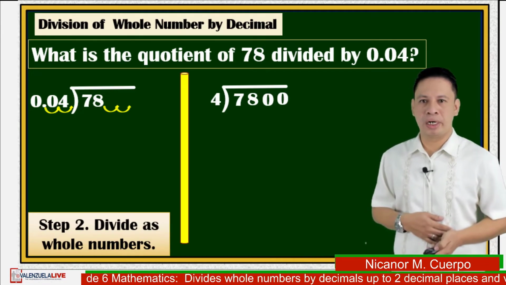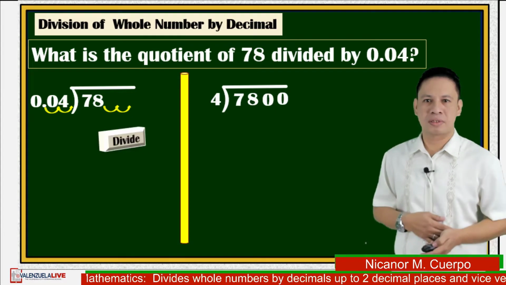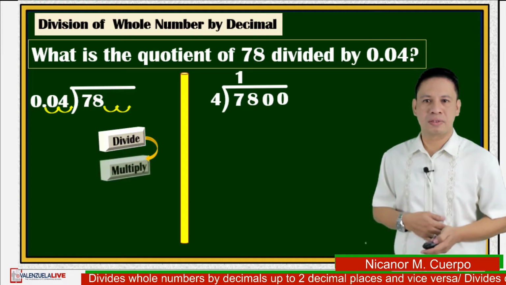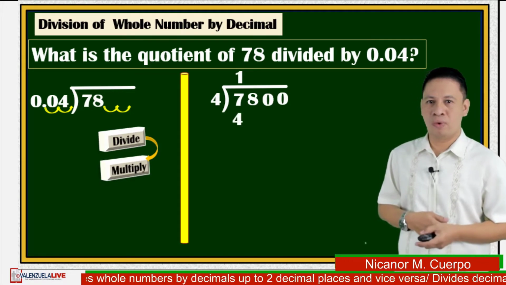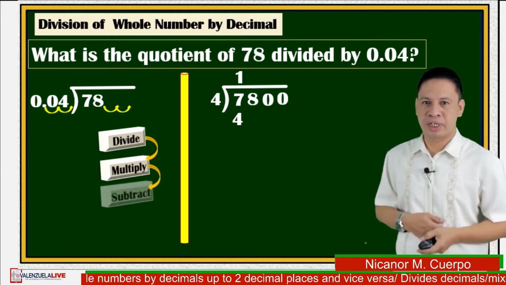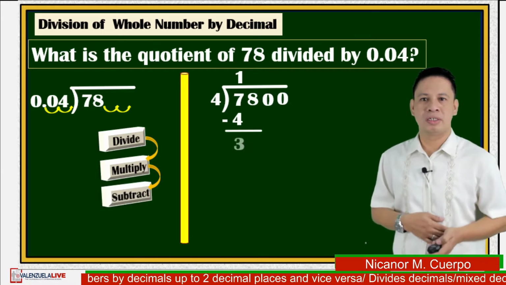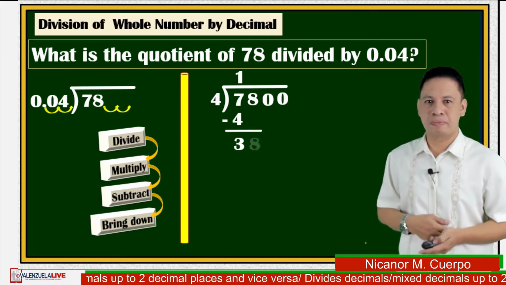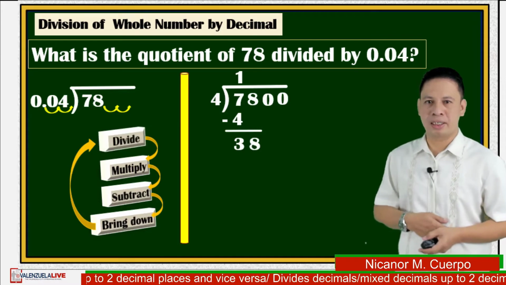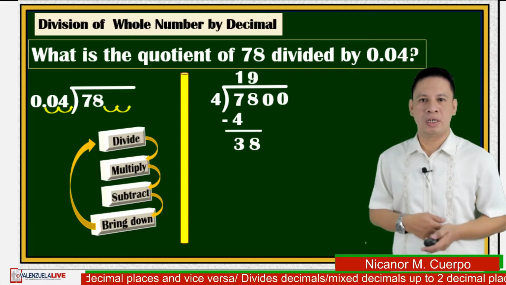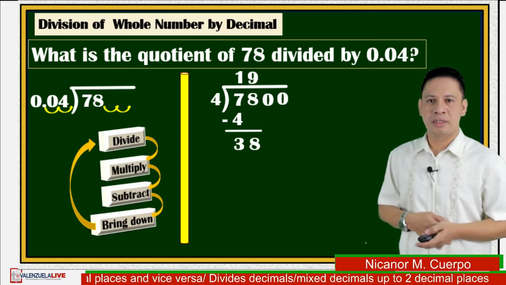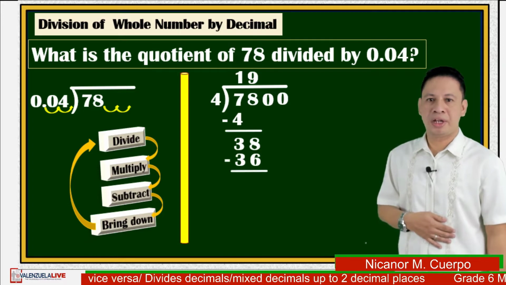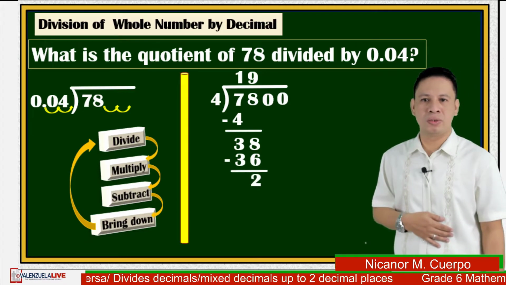7 divided by 4 equals 1. 1 times 4 equals 4. Then subtract, 7 minus 4 equals 3. Then bring down 8. Then repeat the process. 38 divided by 4 equals 9. 9 times 4 equals 36. Then 38 minus 36 equals 2.